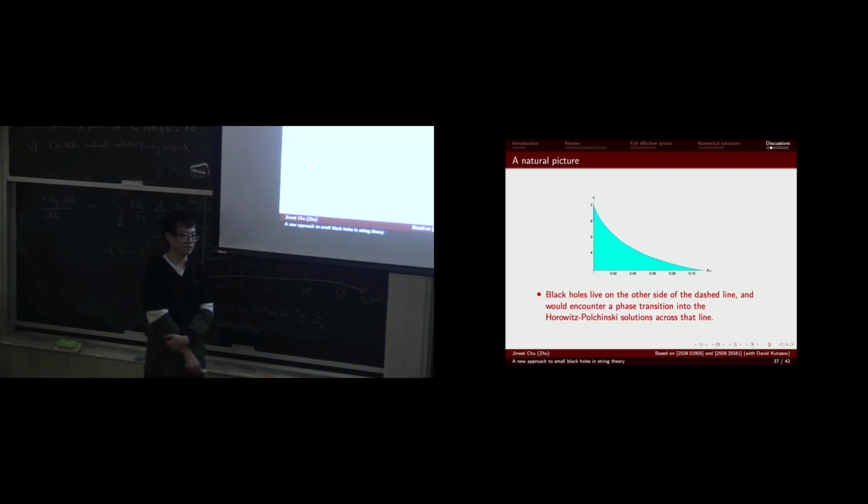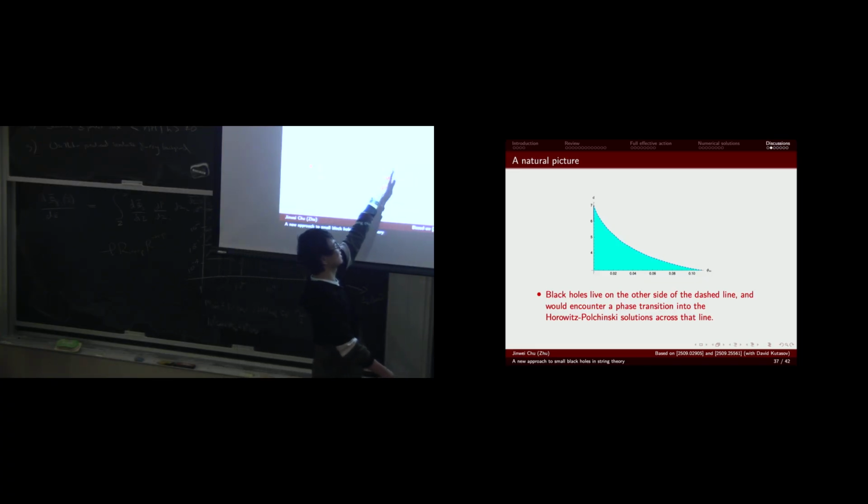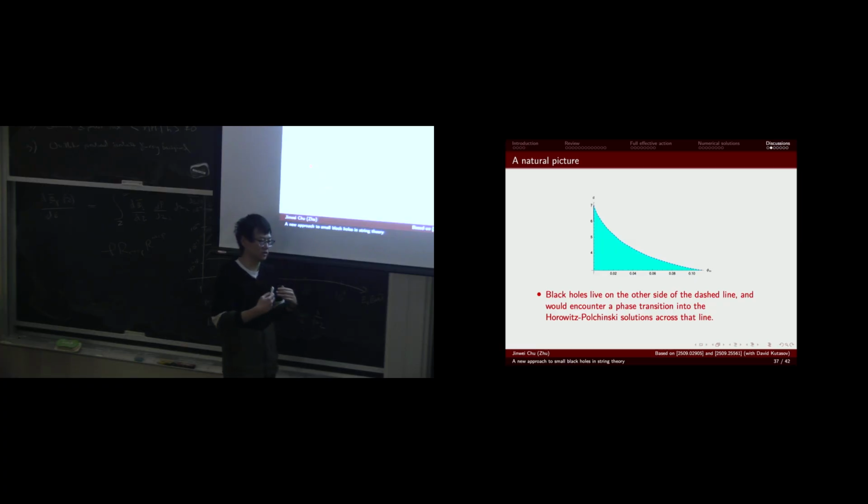I think their story is kind of consistent with what we got. They seem to say that in type 2 string theory, if we start from a black hole and decrease beta, the dilaton classically cannot become a Horowitz-Polchinski solution smoothly. So maybe one possibility is that the classical solution is not valid. In other words, the dilaton diverges at some point and quantum effects become important.